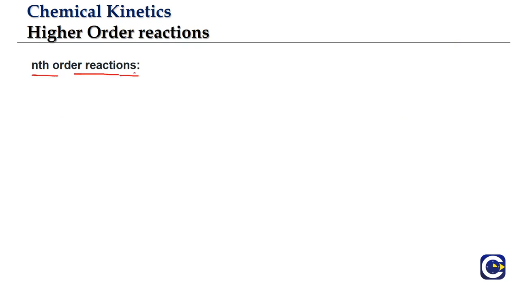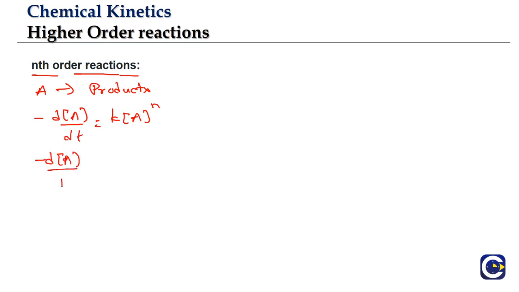Now moving on to the general idea of what is an nth order reaction. So again we are looking at reactions having only one reactant. So we have the nth order reaction, A giving rise to products, means minus dA by dt will be equal to k into a power n. So if we rearrange it, what we will be having is minus dA by a power n will be equal to k dt.